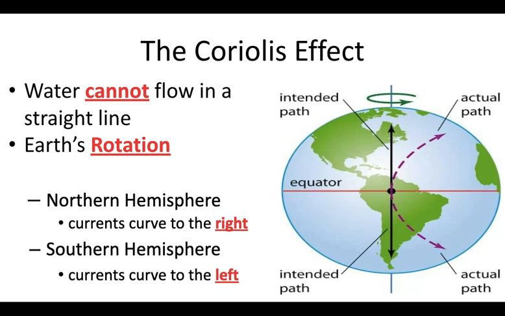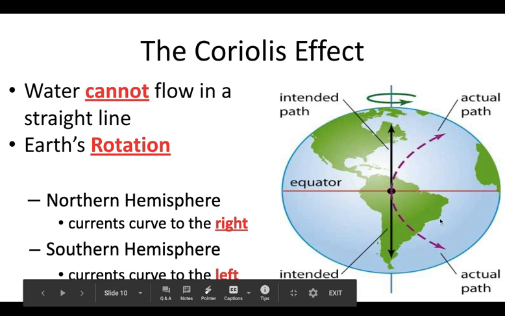Well, this Coriolis effect also affects ocean currents. Water cannot flow in a straight line, all because of Earth's rotation. Earth's rotation causes the currents in the northern hemisphere to curve to the right, just like global winds, and it causes the ocean currents in the southern hemisphere to curve to the left.